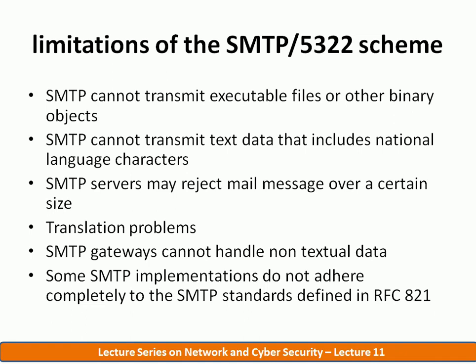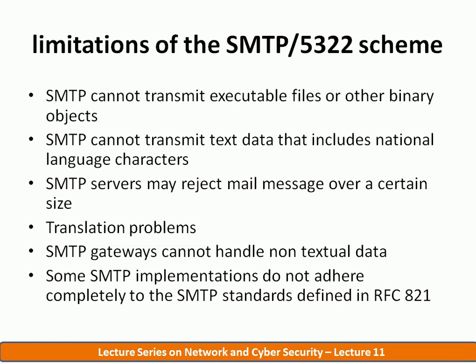So these are the limitations of SMTP or the RFC 5322 scheme, which we need to overcome for easy transmission of mail. These limitations are solved by MIME, which we are going to discuss in the next lecture, where we will see that MIME has some new specifications and new standards to overcome these limitations.